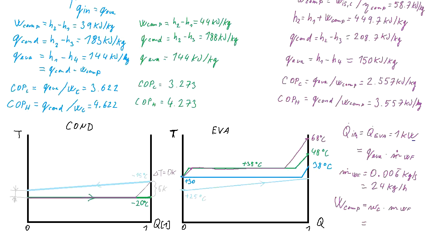So it would be work of the compressor 58.7 kilojoules per kilogram multiplied by 0.00666, and we will get that the result is 391.1 watts, 0.391 kilowatts.